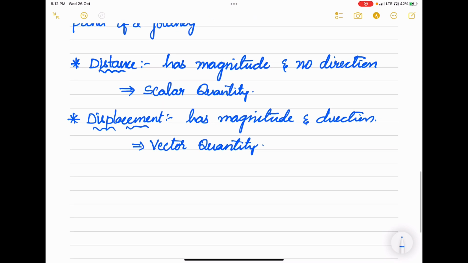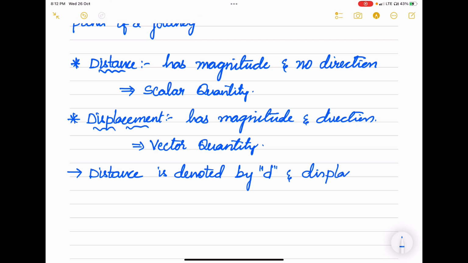And now one more thing you can say, distance is generally denoted by small d, and displacement, as it is a vector quantity, is denoted by small s with a bar over it.